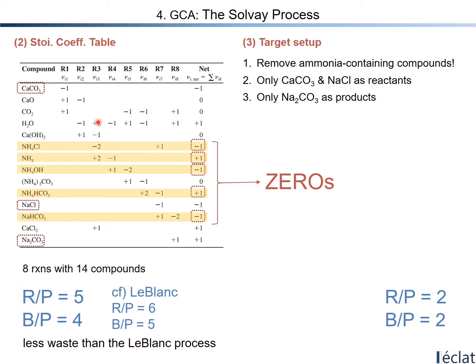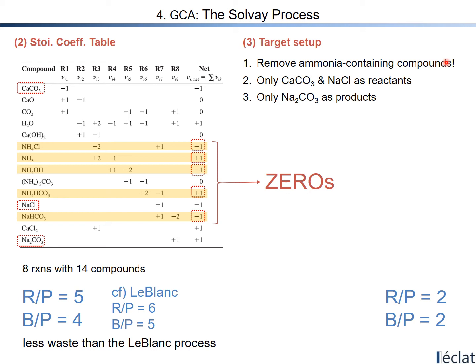So let's go to the other step, which is target setup. My objective and my target is to remove ammonia containing compounds in the products in the original Solvay process, because ammonia containing compounds are a little bit hazardous.